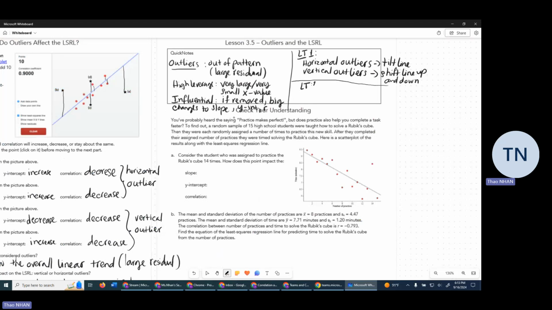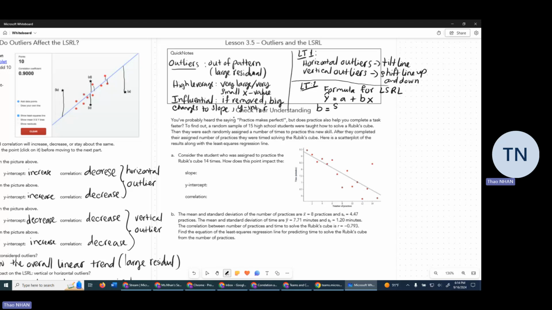Just a reminder, learning target number 2 here. To get your least squares regression line, the formula is here. The line that we have been using technology to get: y hat equals a plus bx. To get this line, you're going to try to get your b.